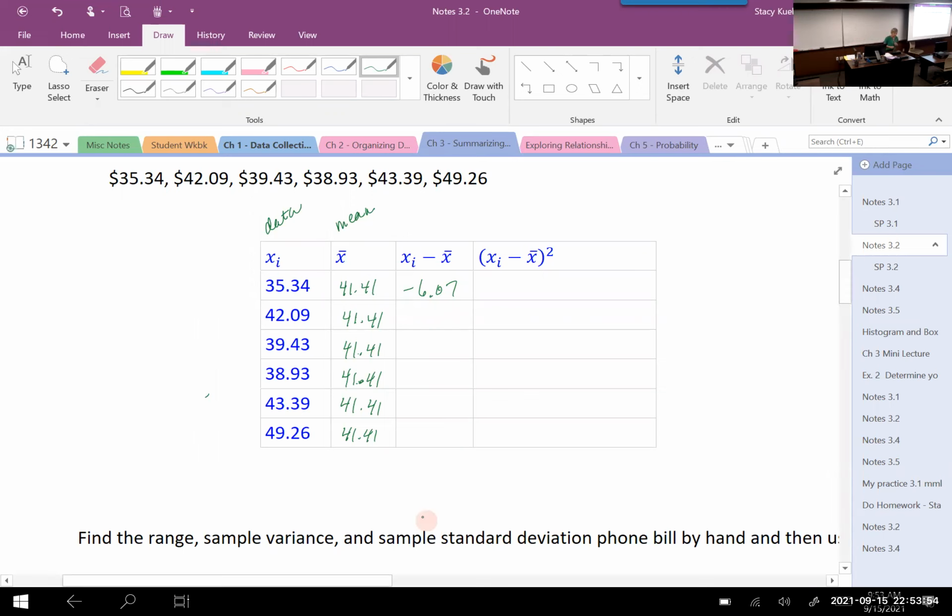So as you go through here, I'd like for you to fill in this next column. This column that we are working on is the deviation away from the mean. It's that distance.